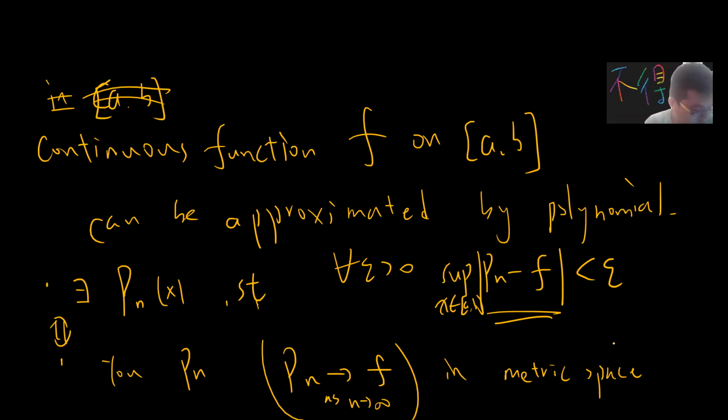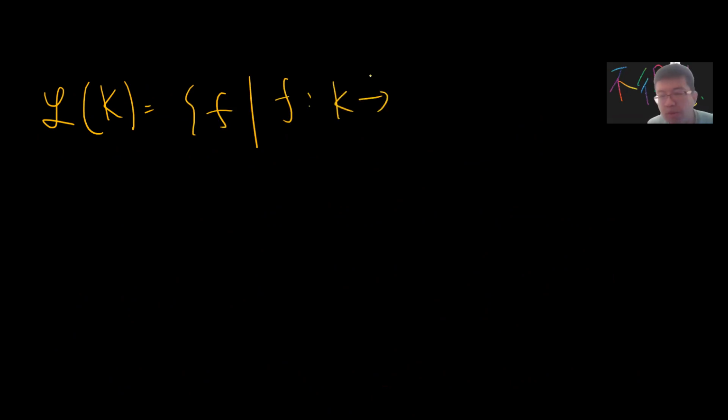Okay, so basically, as I said, you can define L of k as the set of continuous functions from k to the real numbers, which are continuous and bounded. If you haven't seen my previous video, then you should check it.